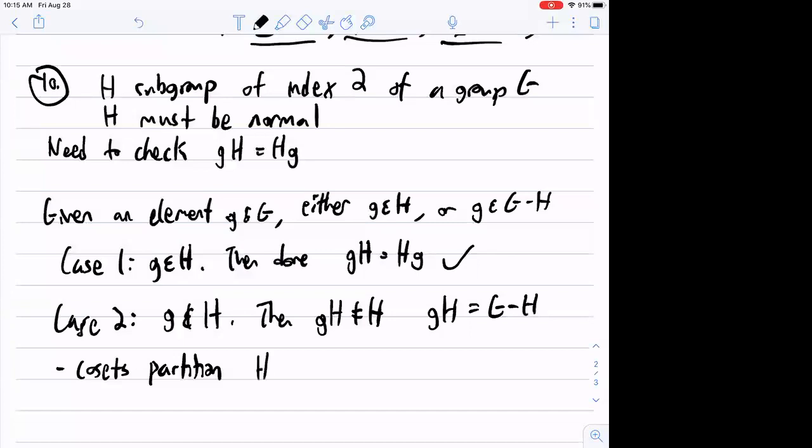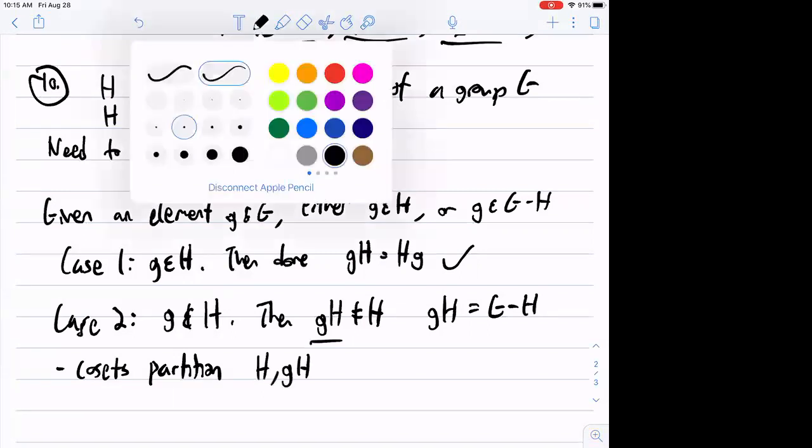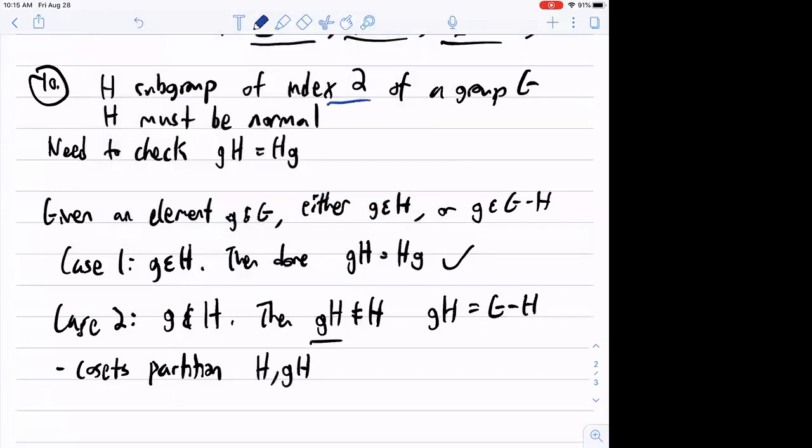I always have H and I have another one, and this is my other one. So it partitions G and I only have 2 because of the assumption. And since it partitions G, it must be equal to the rest, it must be equal to G minus H.